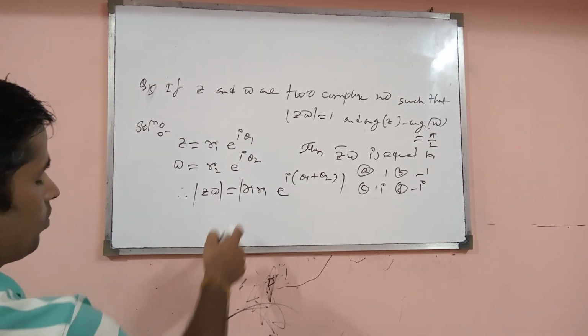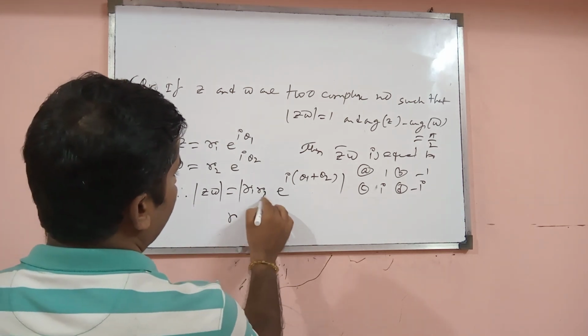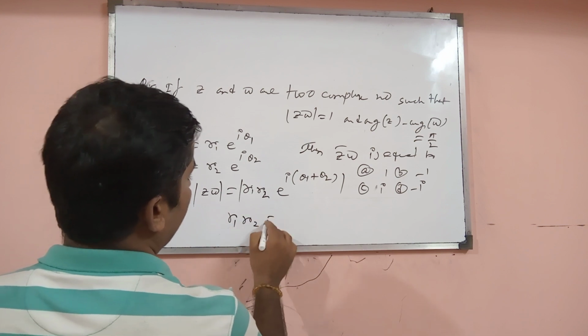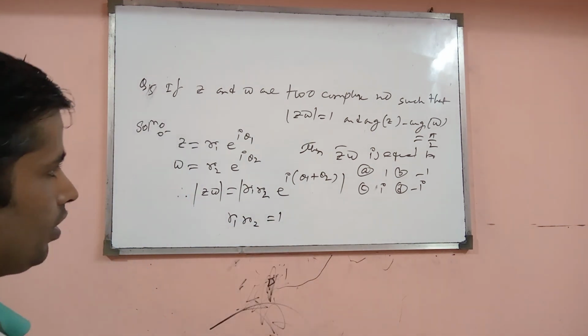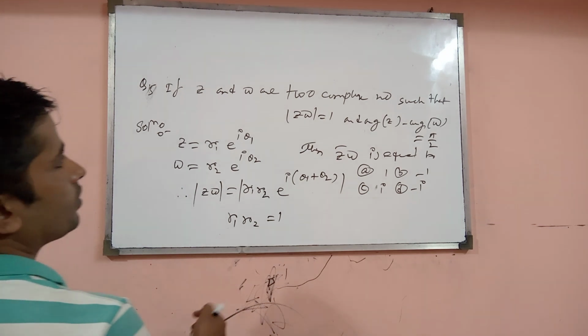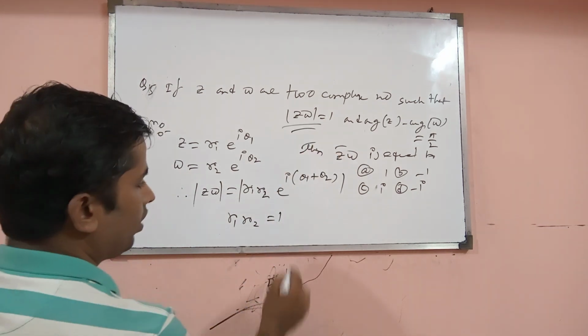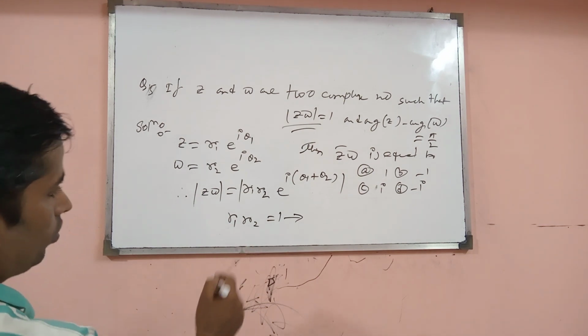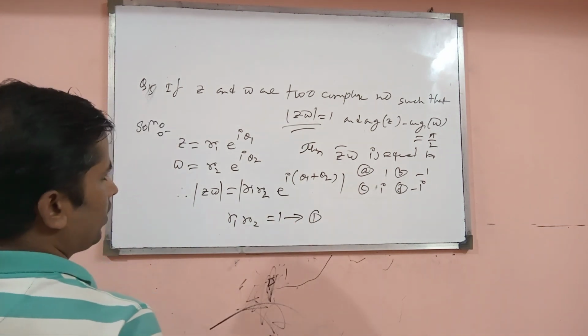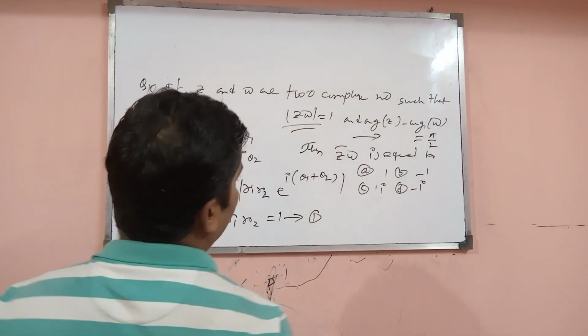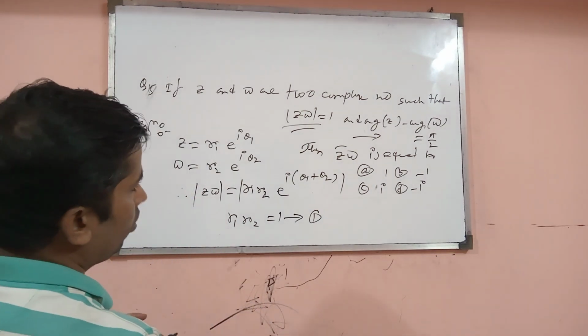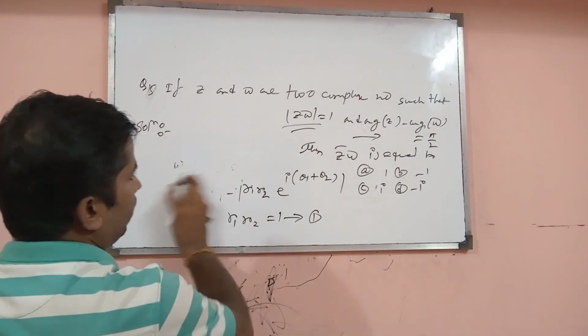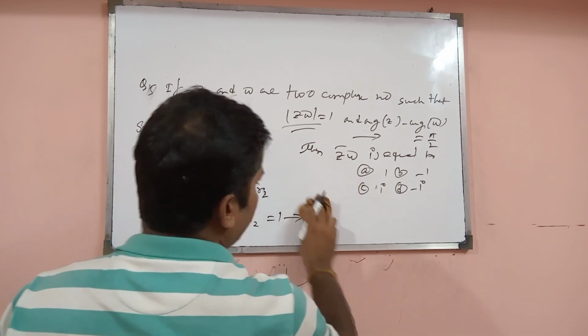So as it is 1, this implies R1 R2 is equal to 1. Okay, so from condition 1, we find the value of R1 R2 is equal to 1. Okay, now we shall go through condition 2.